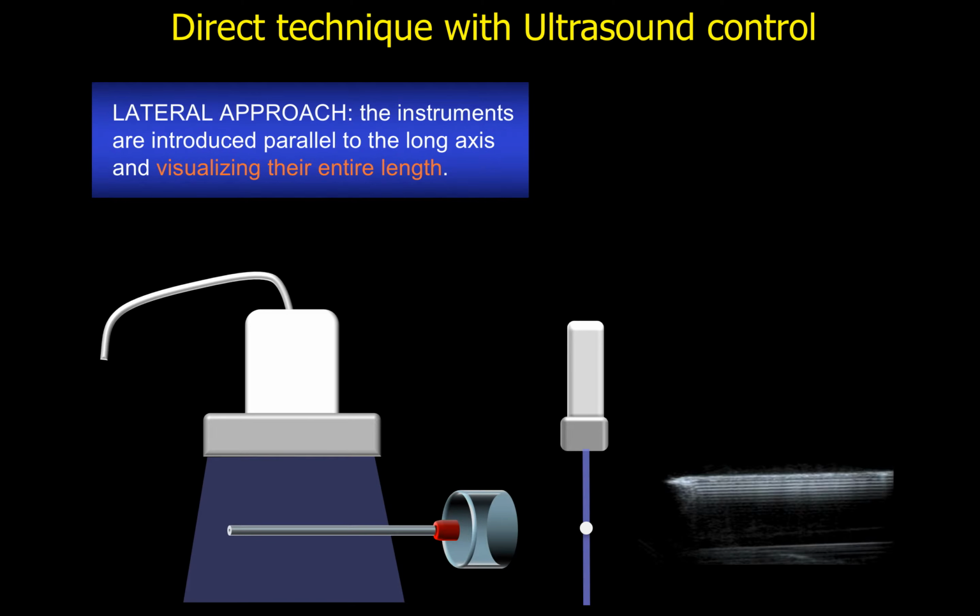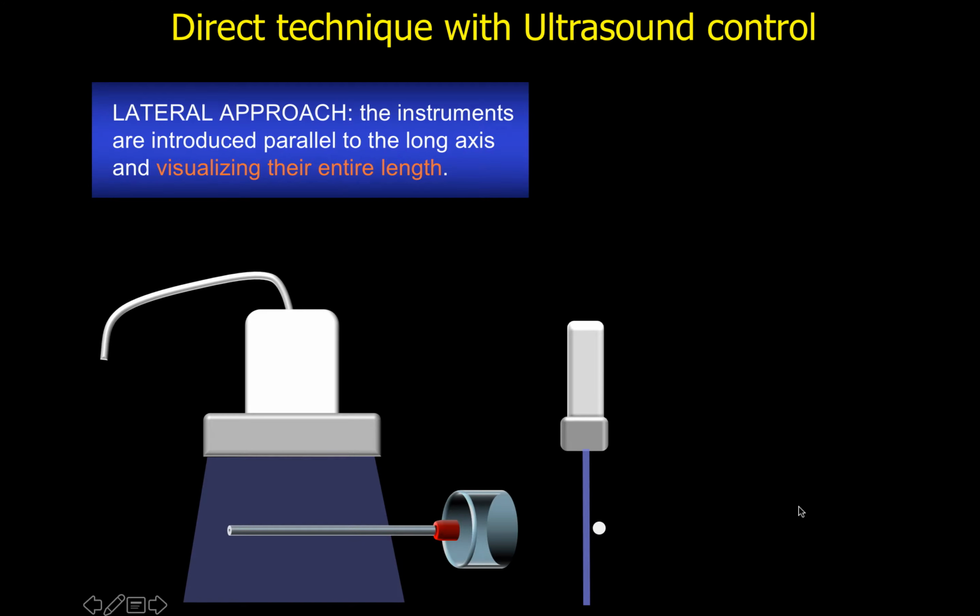This is important to control, because we have to be quite perfect on the line. When we are perfect on the line, the sound beam goes through the needle and we will see the whole needle. The only problem with this approach is if you move a little bit and the transducer is not very parallel to the needle, we won't see anything of the needle.